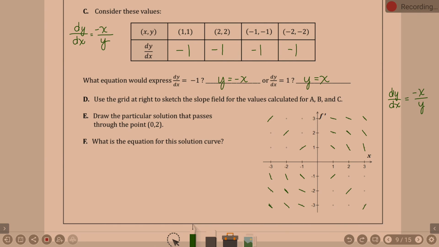What's going to happen in your other quadrants? Same thing, just reflected. Same thing, but negatives, yes? Or positives, I mean. It'll be the negative of the negatives, which makes it positive. So, (2, 1), that's going to be +2. (3, 1), +3. (3, 2), that's 1.5. So a little less steep.